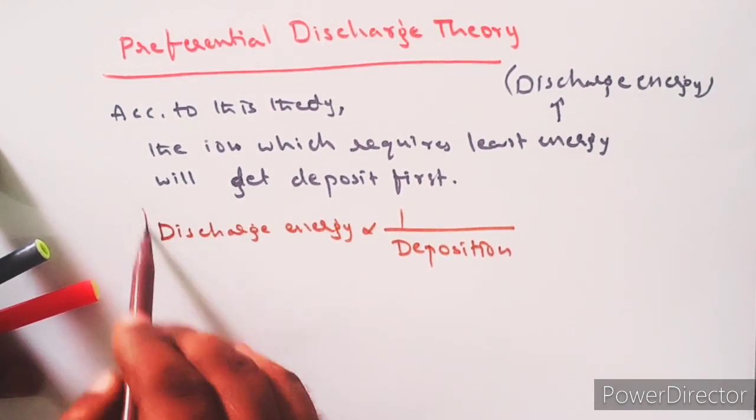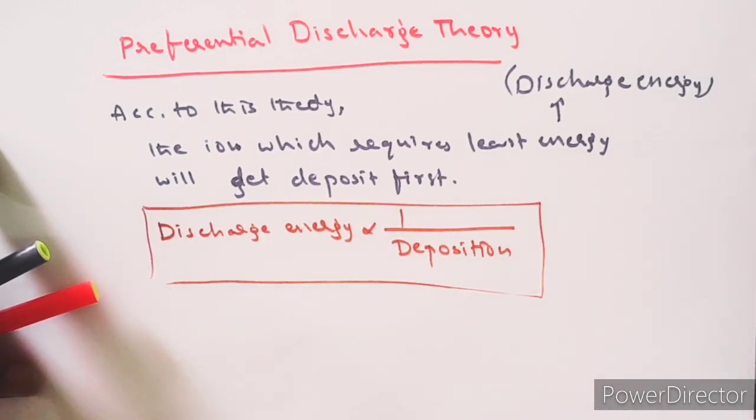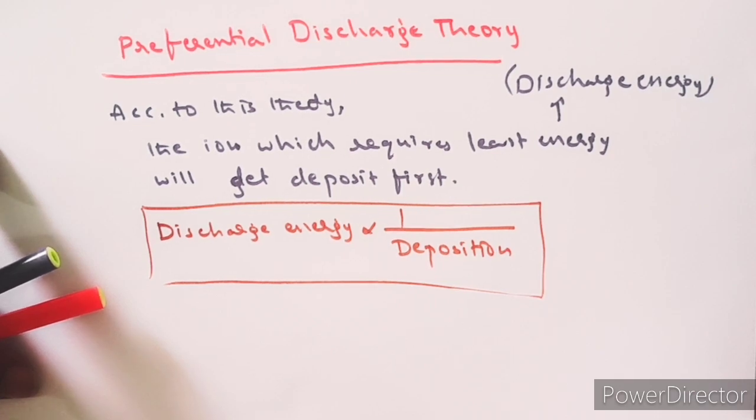This is the very basic information you guys must remember. Now I will give you the correct order of the discharge energy, or the correct order of the deposition, of the different cations and anions. I will also tell you a simple and funny technique to remember that correct order. So listen carefully.